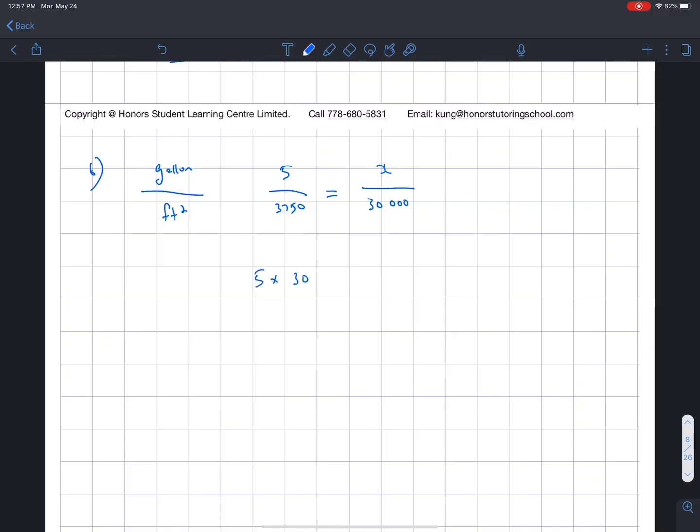Same idea, once we have the proportion, we cross multiply. We get 150,000 equals 3750x, and then just divide both sides by 3750.